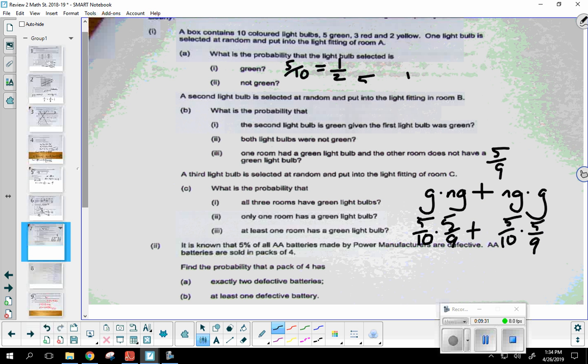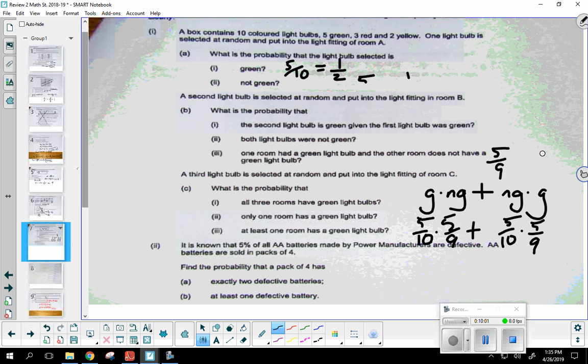But you still take one away from the denominator, because there's only 9 total left. Did I mess up on the second one too? Yeah, that's 5/9. This is why it looks similar: you have 5 green, but then you've got 5 of 2 other colors. So it doesn't matter if it's red or yellow as long as it's not green. Okay, good on that one?